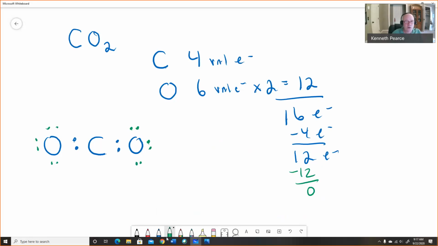Now, when I check for octets, the oxygens are happy. However, look at the carbon. The carbon is not happy. It only has 4 valence electrons on it right now. So what we have to do is slide in electrons. Now, we're not taking them off the oxygen. We're just going from not sharing to sharing. And so now we're sharing 2 over here, and we'll do the same thing over here.